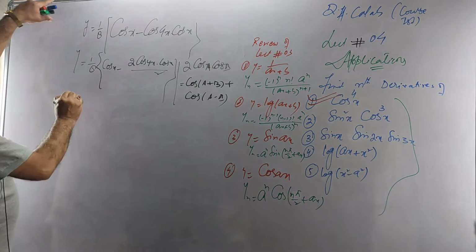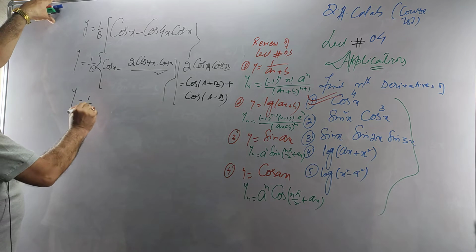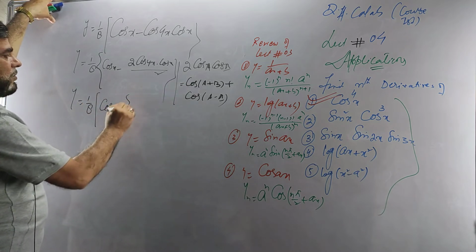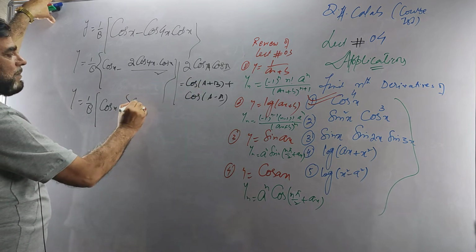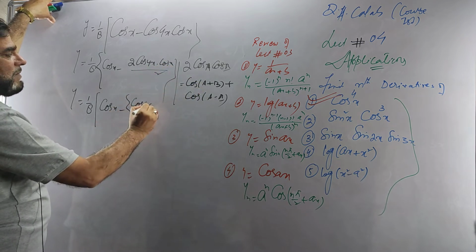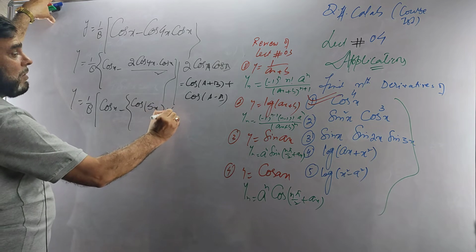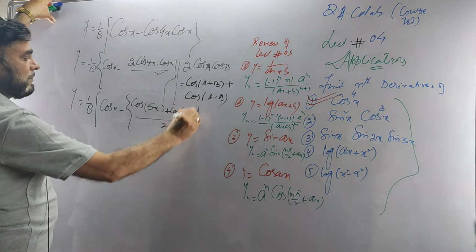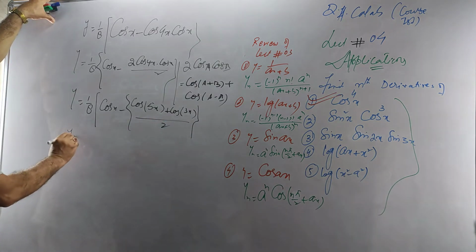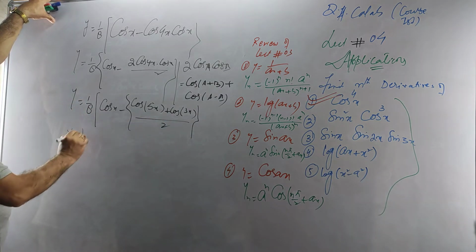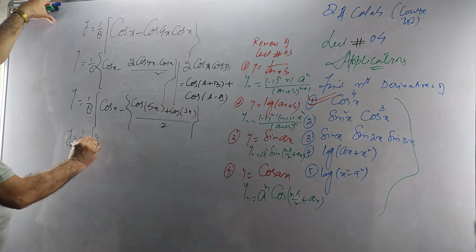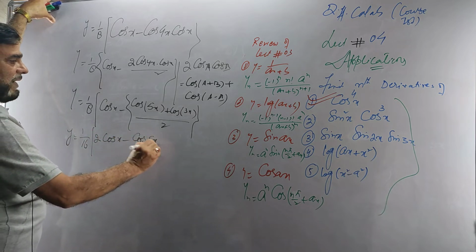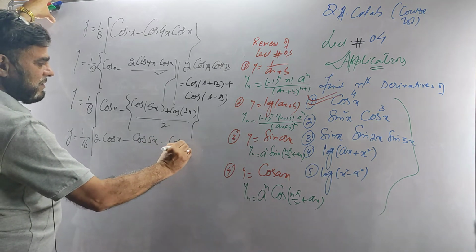Well, this is your y equal to 1 by 8, cos x minus, use this result, cos of a plus b, cos 4x plus x is 5x, then plus cos of 3x, by 2. It is y equal to, take the 2 as LCM and this goes, it is 1 by 16, twice cos x minus cos 5x and again minus cos 3x.